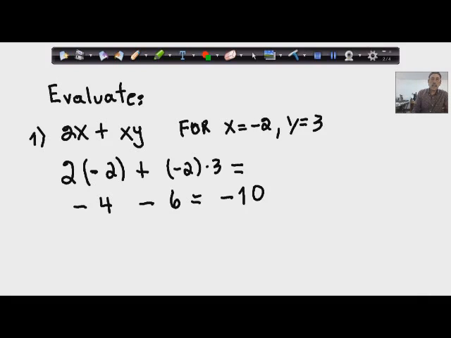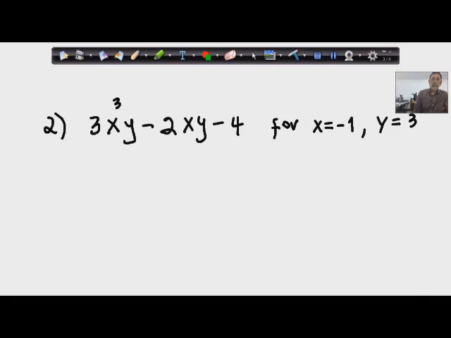Next one. Now x is minus 1, y is 3. So 3 times minus 1 to the cube times 3 minus 2 times minus 1 times 3 minus 4.